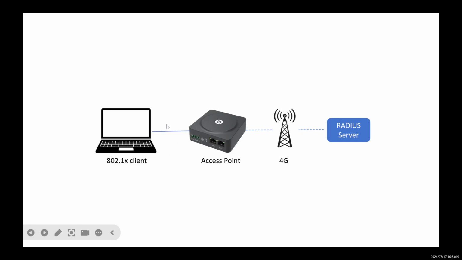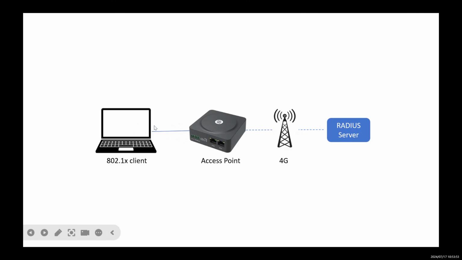Wired 802.1X is a network access control protocol used to secure wired Ethernet networks. It provides a framework for authenticating devices trying to connect to the network. Typically it uses a RADIUS server for authentication and authorization. When a device connects, it must provide credentials, which are then validated by the RADIUS server.